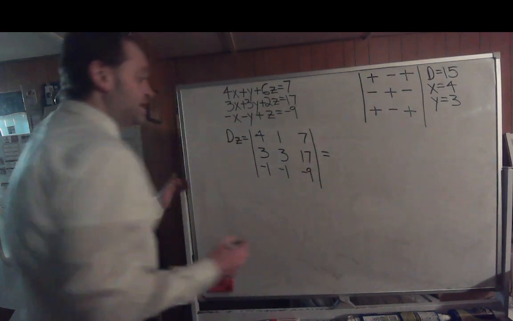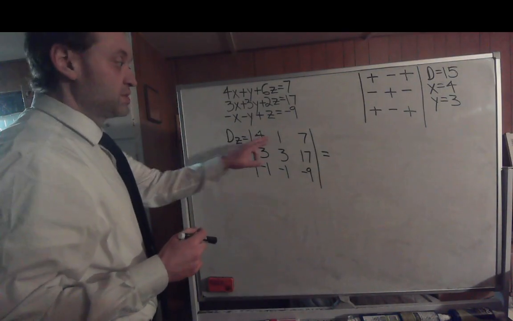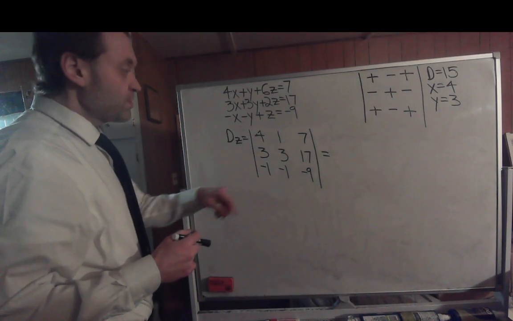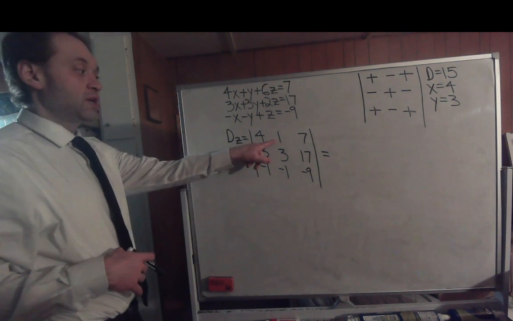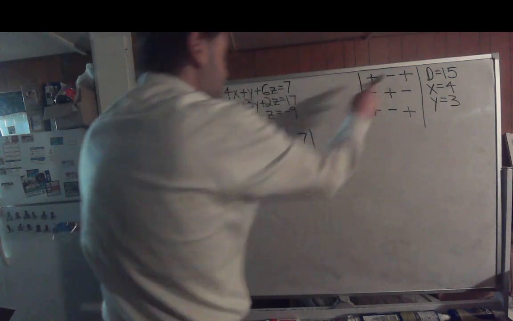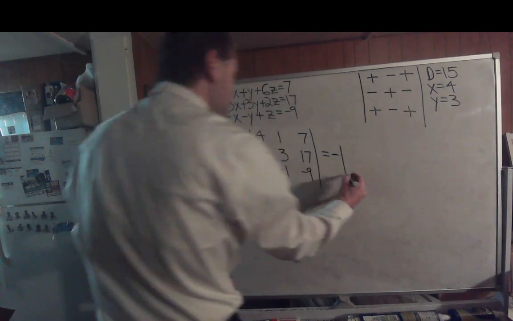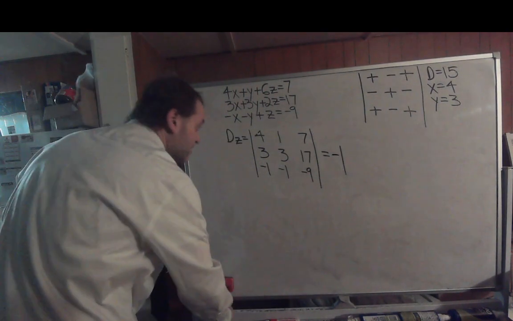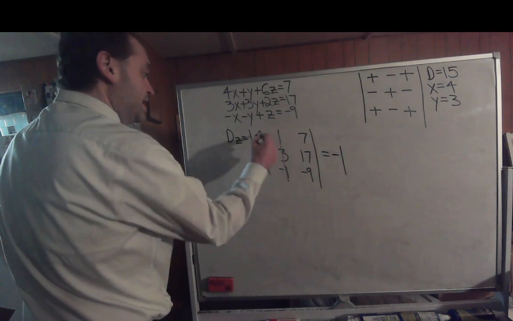I think I like the second column with the smallest numbers. So let's work with the second column. First entry of the second column is a positive 1, but according to my coefficient matrix, I need to negate that positive 1. So it'll be negative of the determinant that results for when I strike out the second column in the first row.